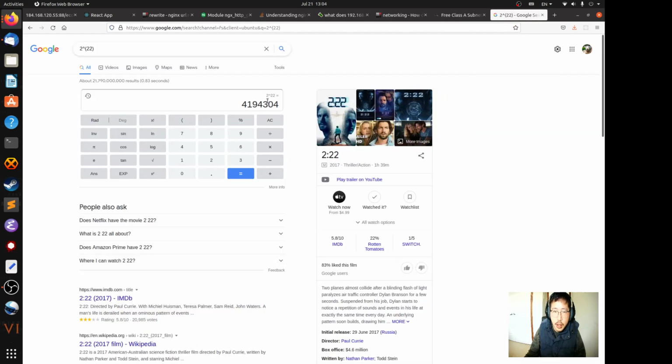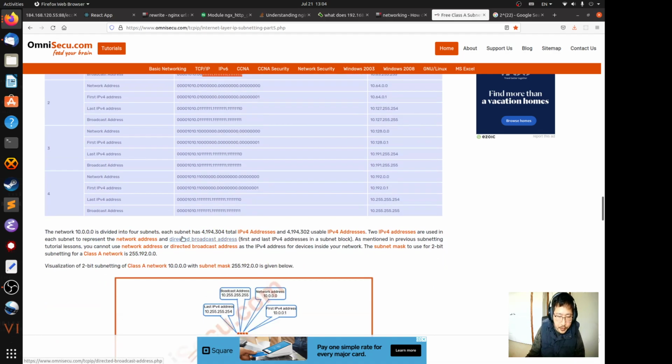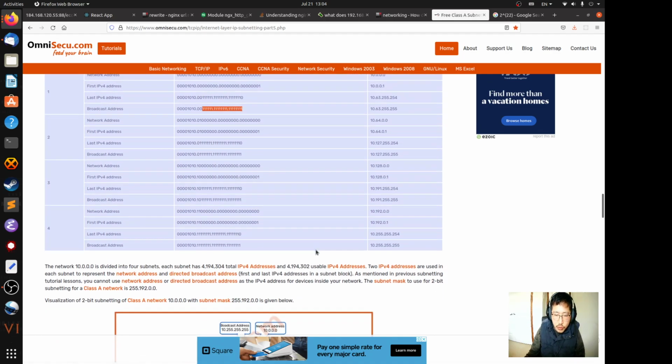So can you see it's saying 4.19 million? Okay. And from that, the usable IP addresses are this minus 2. Why? Because the first one is the network address, the last one is the broadcast address.